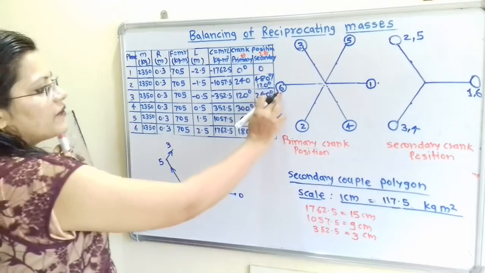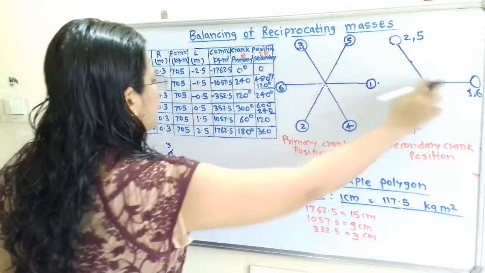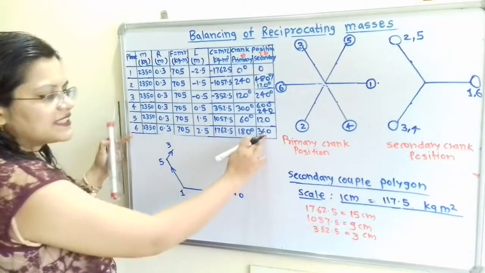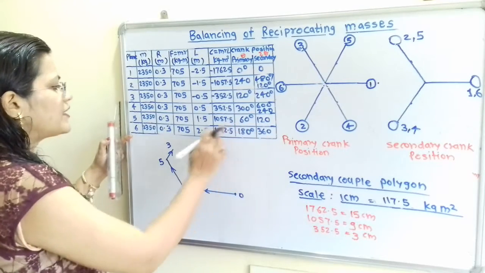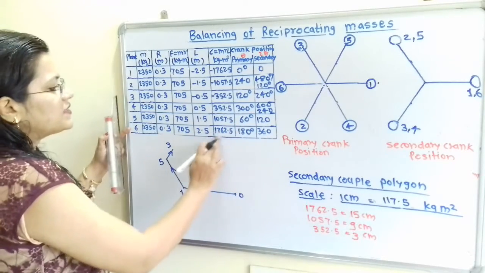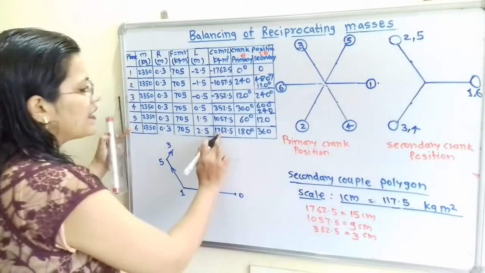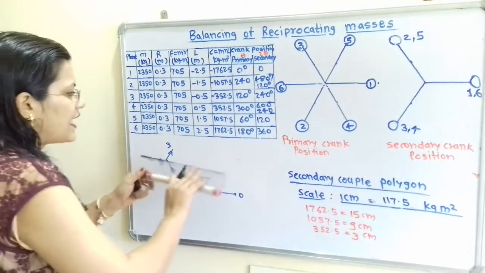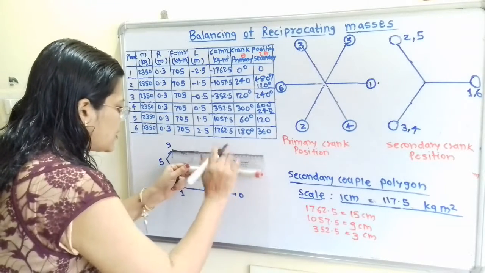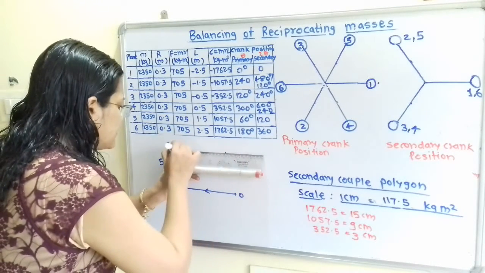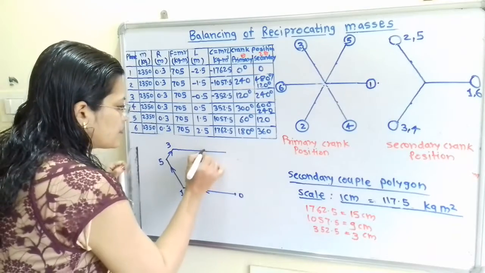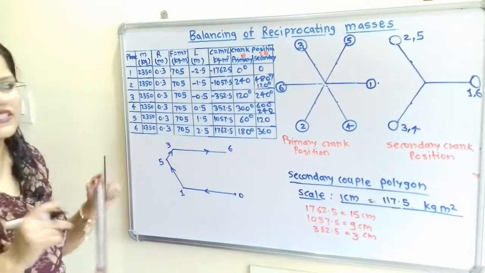Then next one, 6. For this 6, angle is 360 or we can say 0 degree, and here it is positive magnitude. So 1762, that is 15 centimeter towards the right hand side, the horizontal line with 15 centimeter. So here mention the point 6.